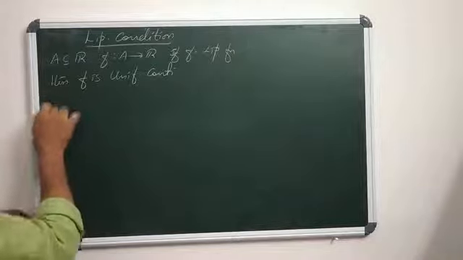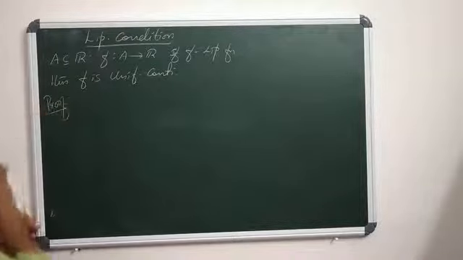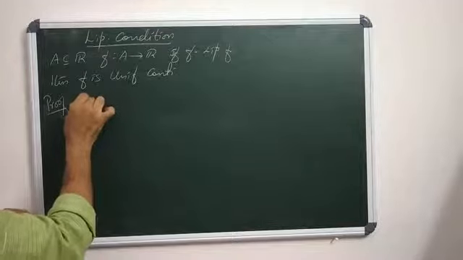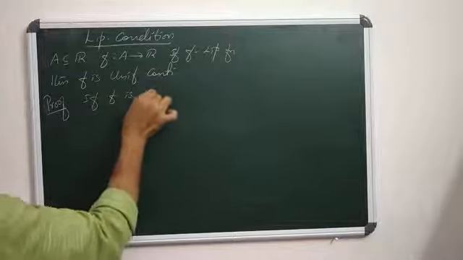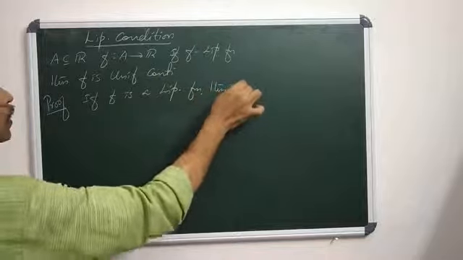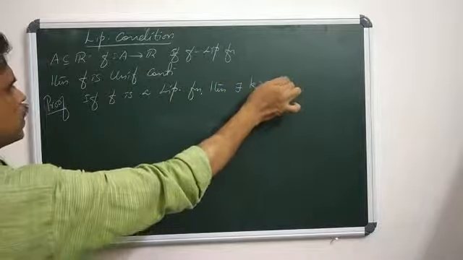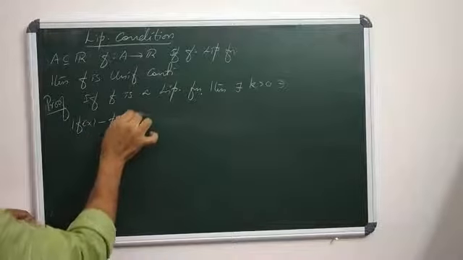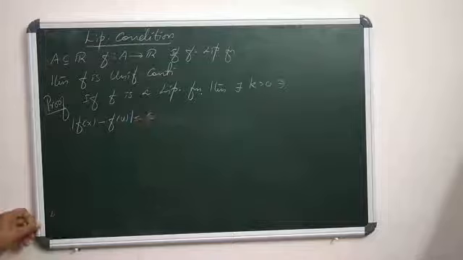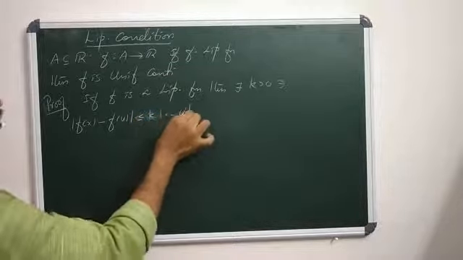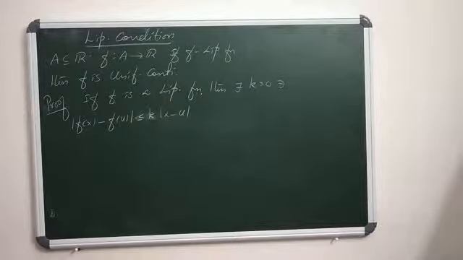So how do we prove this? The proof is immediate. Suppose f satisfies the Lipschitz condition. That means if f is a Lipschitz function, then there exists a Lipschitz constant k greater than 0 such that modulus of f of x minus f of u is less than or equal to k into modulus of x minus u.